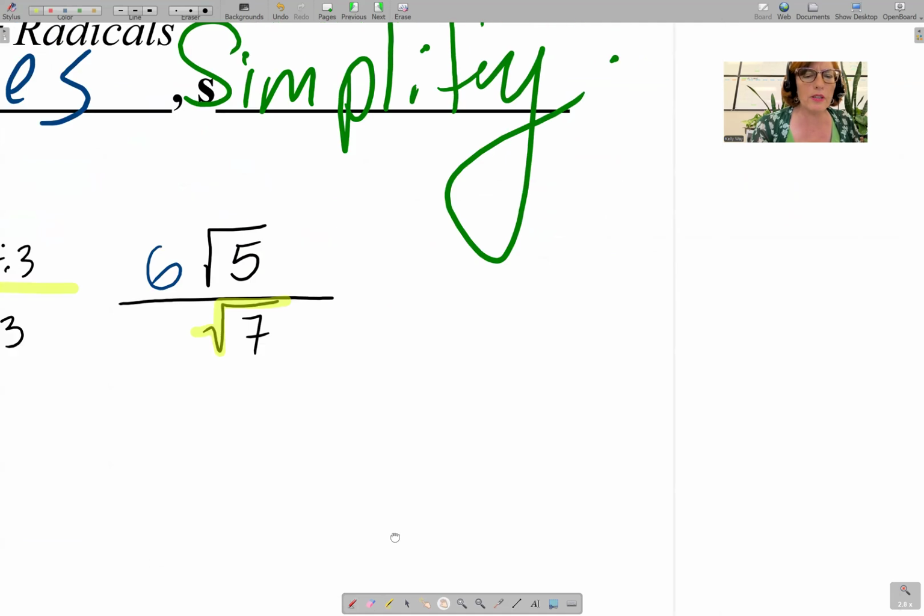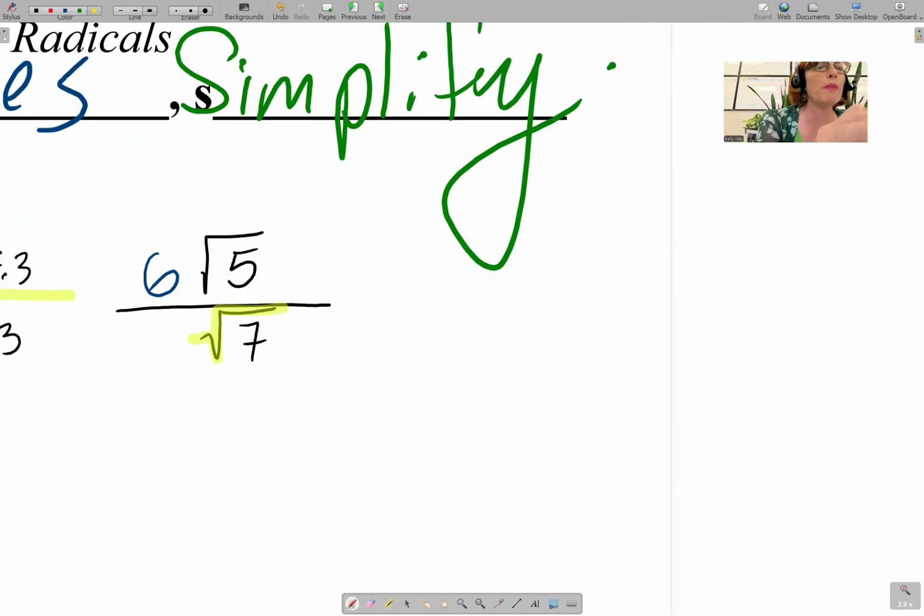And to do that, we're going to multiply by its identity, which is we're going to multiply top and bottom by root 7. I'll explain why in just a second. Just be patient. To get rid of that radical, you multiply by the exact same radical in the denominator. Okay, ready?